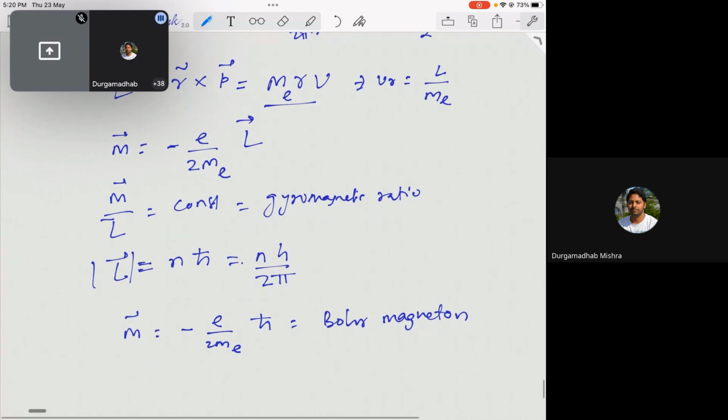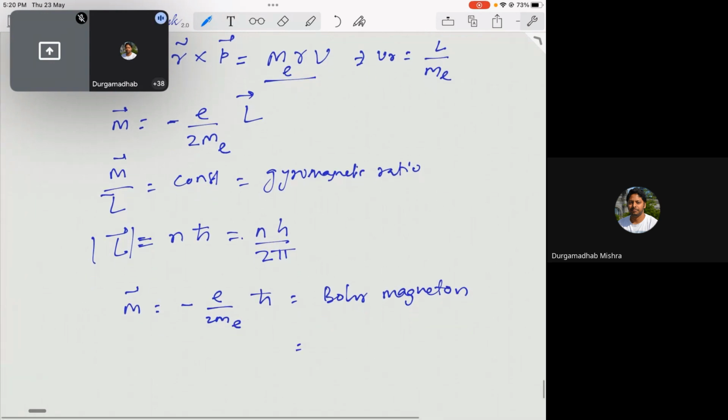These are all fundamental constants, which you can substitute to find the value of one Bohr magneton. So sometimes for electrons, we say that the magnetic moment it carries is one Bohr magneton, normally represented by the symbol mu B.